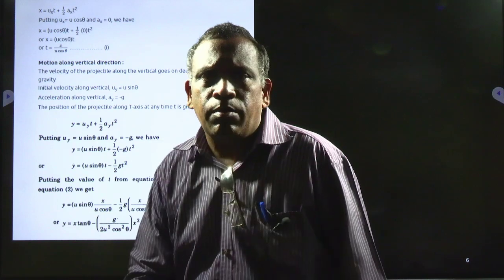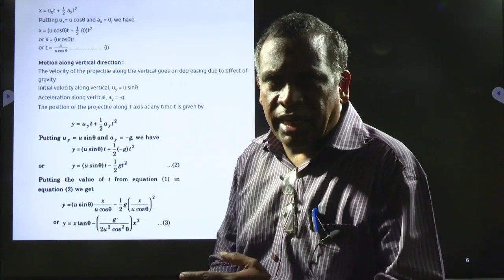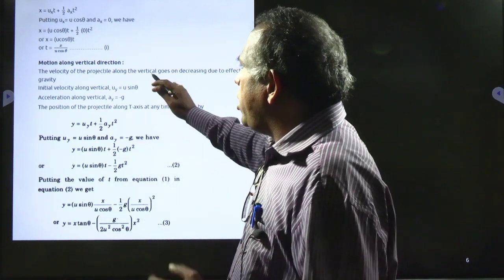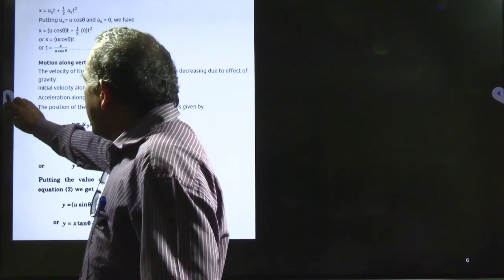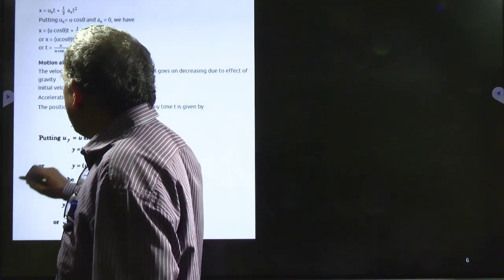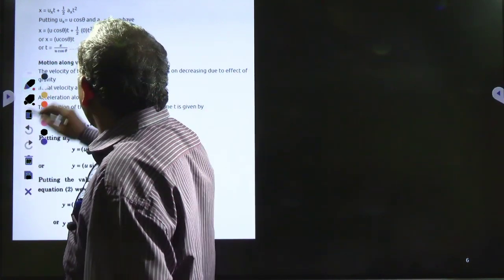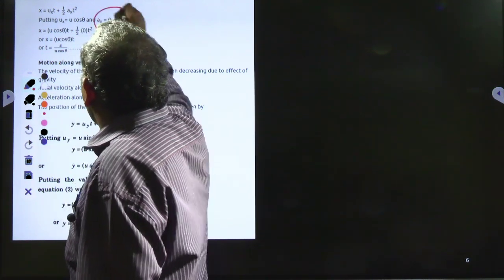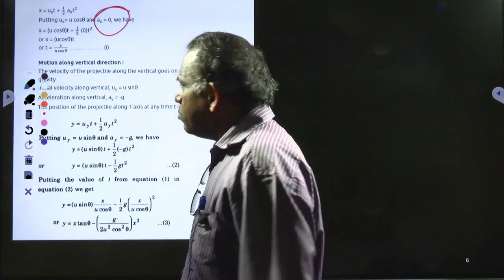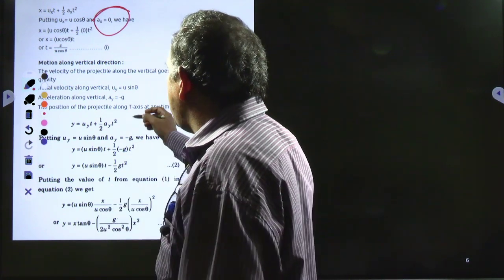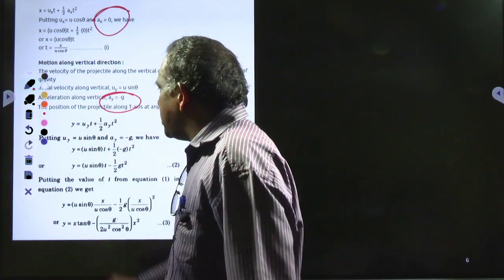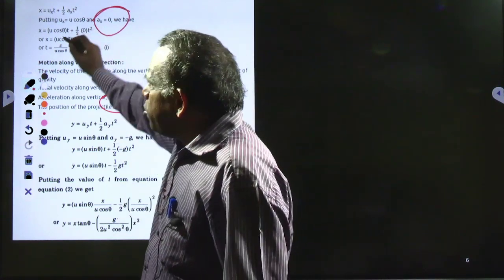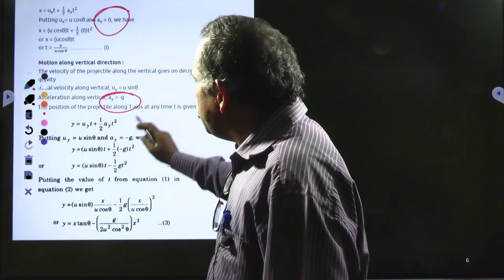This is very important in oblique projectile. The ax value is 0, which is very important to remember, and similarly ay is minus g, ux is u cos theta, and uy is u sin theta.